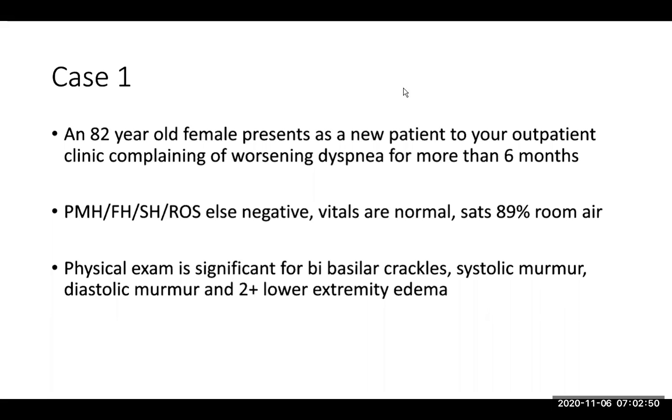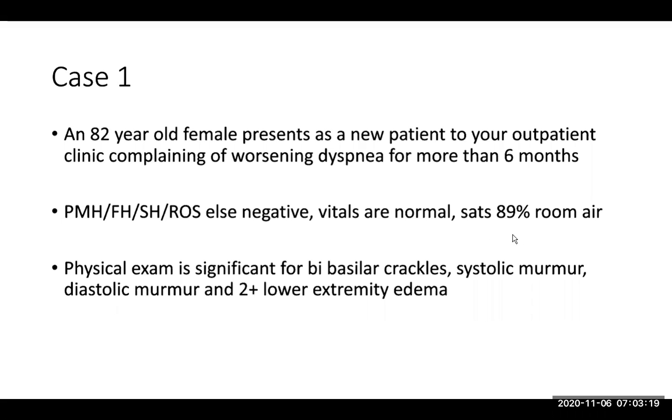So here's our case. An 82-year-old female presents as a new patient to your outpatient clinic complaining of worsening dyspnea for more than 6 months. So standard bread and butter, very common. I'm just trying to keep it simple to focus on these points. Oftentimes new patients can be simple as well as complex. Past medical history, family history, social history, review of systems, all negative.